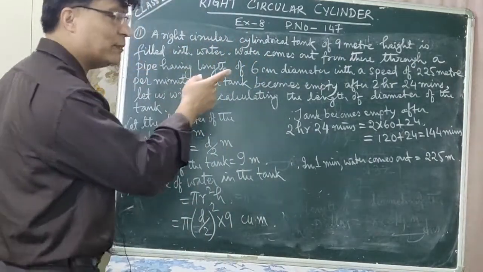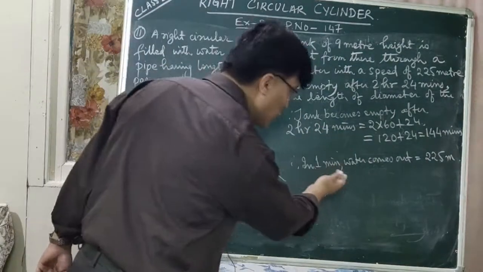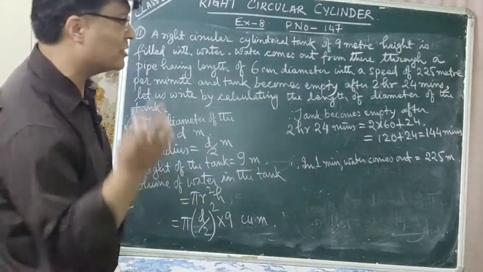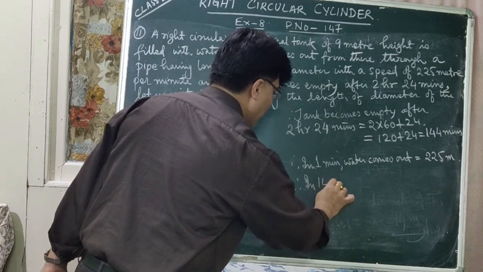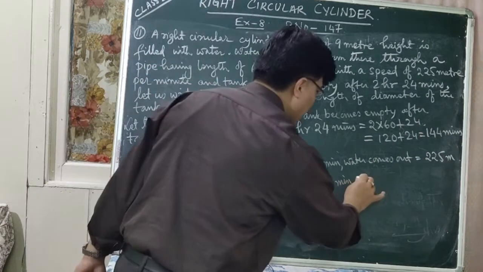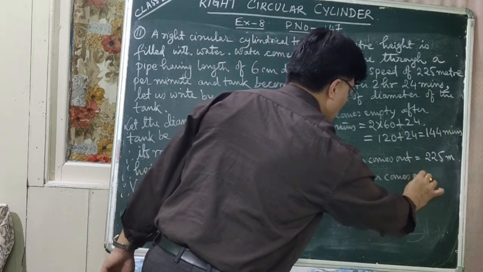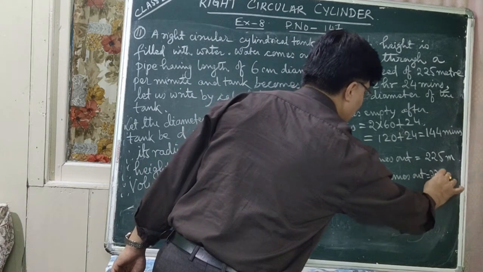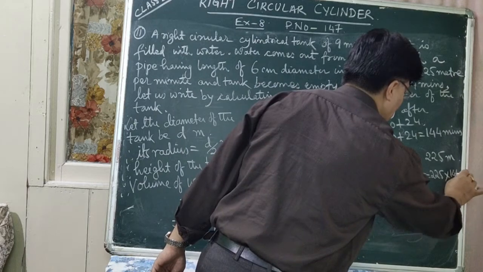So in how many minutes now? 2 hours 24 minutes means 144 minutes. We need to find how many meters of water come out in 144 minutes. Therefore in 144 minutes, the unitary method, water comes out is equal to 225 into 144 meter.